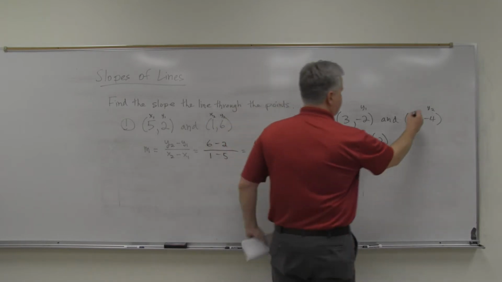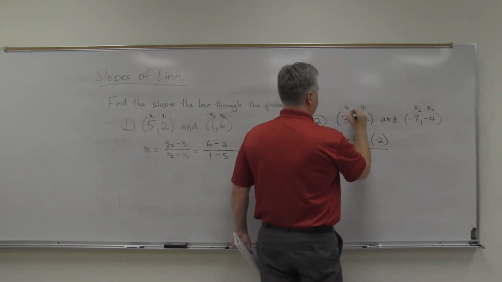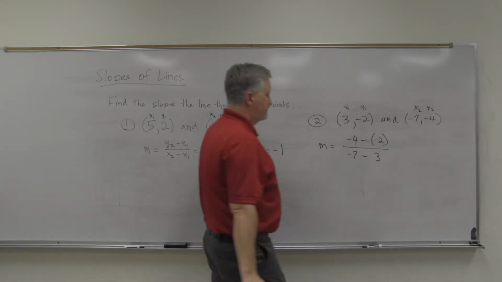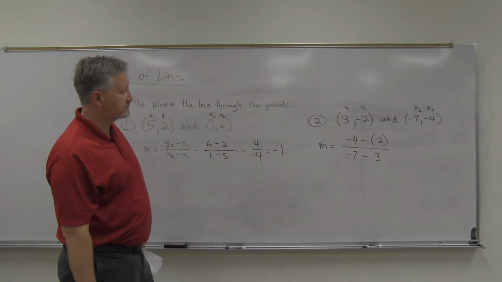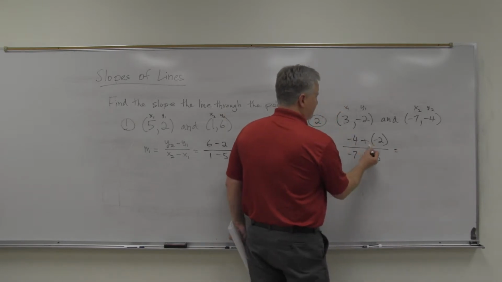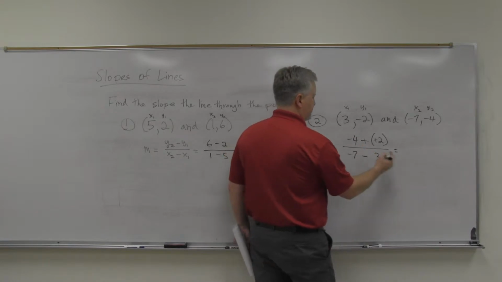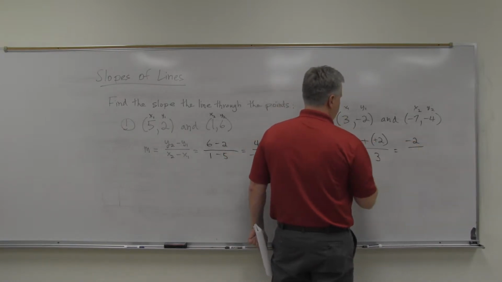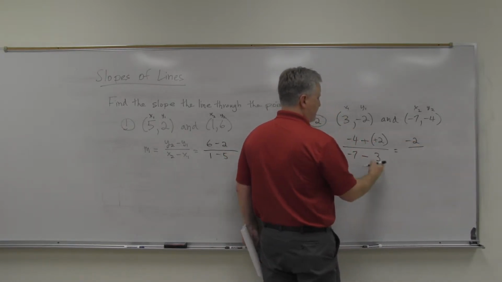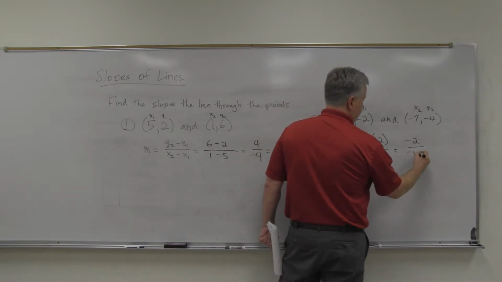Then we take x2, negative 7, minus x1, 3. As we know, when we have that double negative, those turn into a positive, so we have negative 4 plus 2, which is negative 2. And then negative 7 minus 3, we don't have the change there, it's just negative 7 minus 3, which is negative 10.